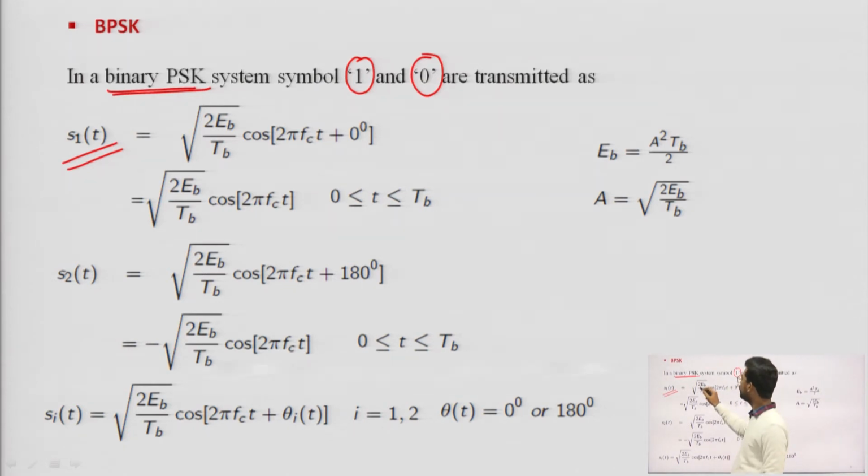S1(t) is root of 2EB divided by TB, cos(2 pi fc t plus 0 degree phase shift).